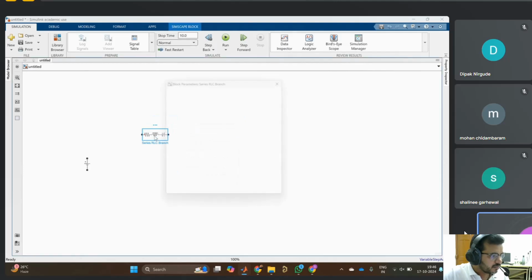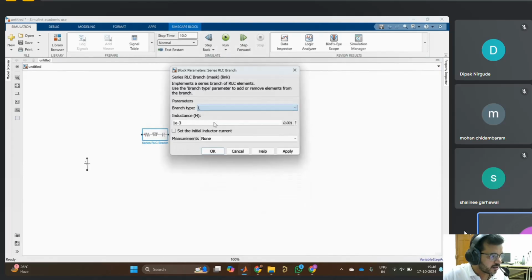Okay, now we have to select the inductor. The inductor value we calculated is 113.8 into 10 to power minus 6.